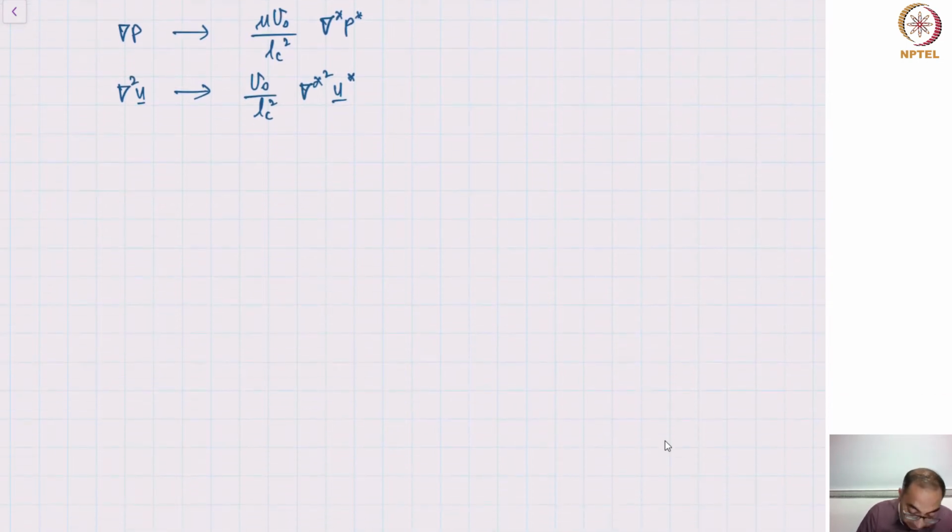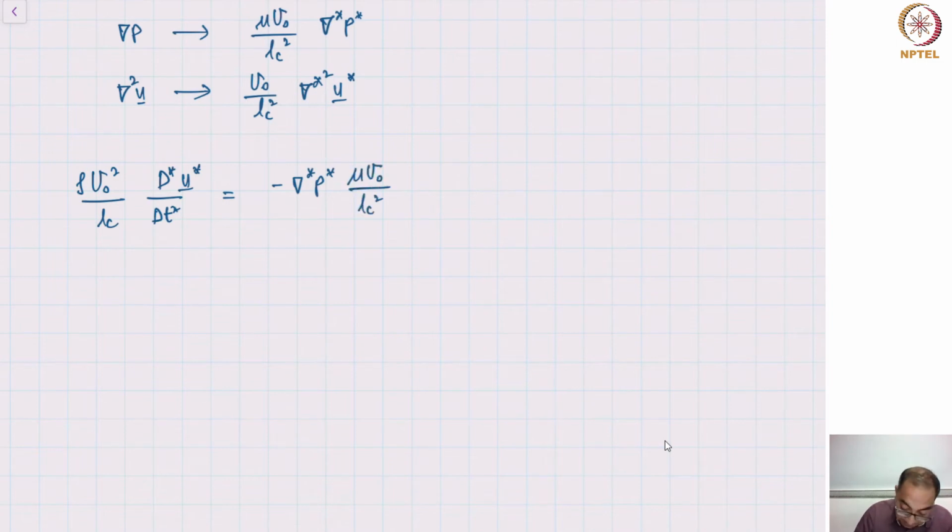I'm first writing down the individual terms and then we will put everything together. So if we put everything together, what do we have here? Right?